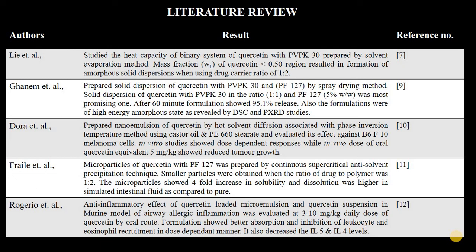Solid dispersion of quercetin with PVP K30 in the ratio of 1:1 and PF127 5% weight by weight was the most promising one. After the end of 60 minutes, the formulation showed 95.1% release. Also, the formulations were of high energy amorphous state as revealed by DSC and PXRD studies. Likewise, there are a few more literature reviews that are listed here.